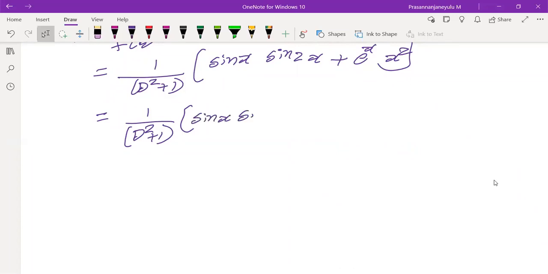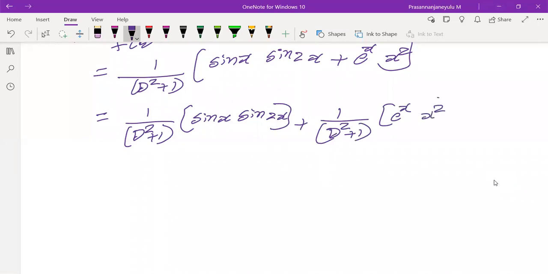Sine x into sine 2x plus 1 by D square plus 1 of e power x into x square. Now, if you observe the second term, how does it look? What do we have to substitute? It is in the form of type 4, e power ax into v of x.